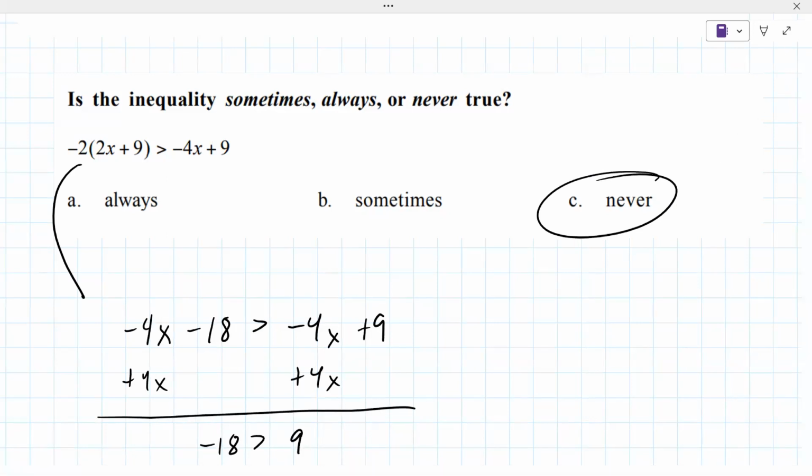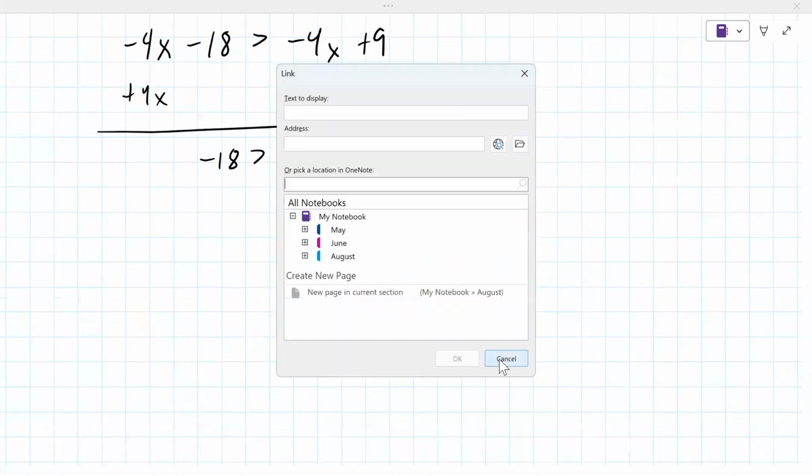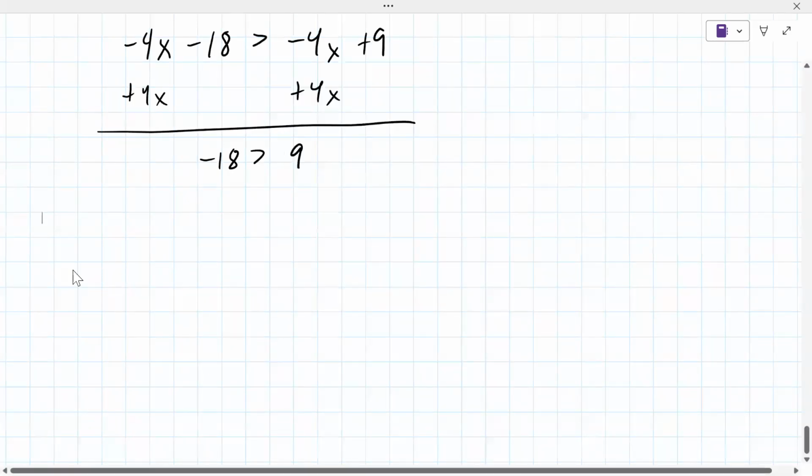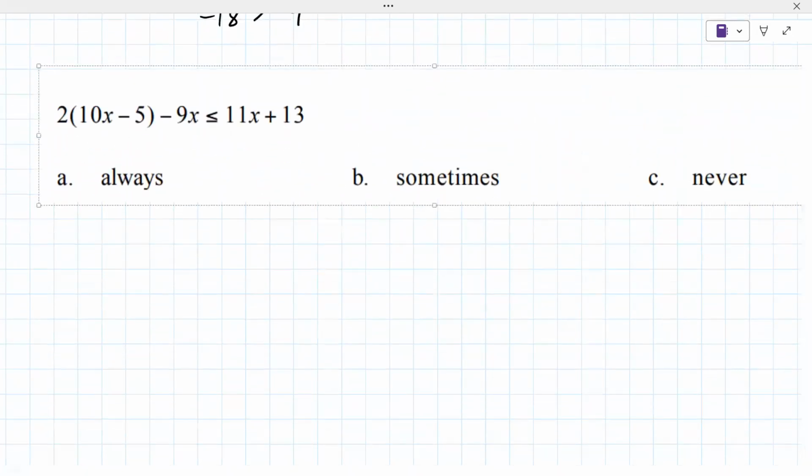Okay, well, let's try another one. We're just running out of things to do here. All right, there it is. So same thing here. Go ahead and solve the inequality. See what you come up with.